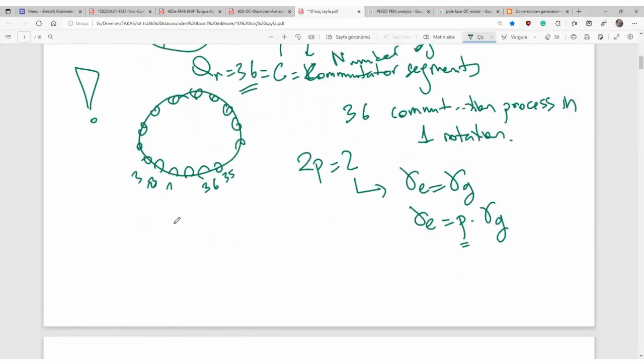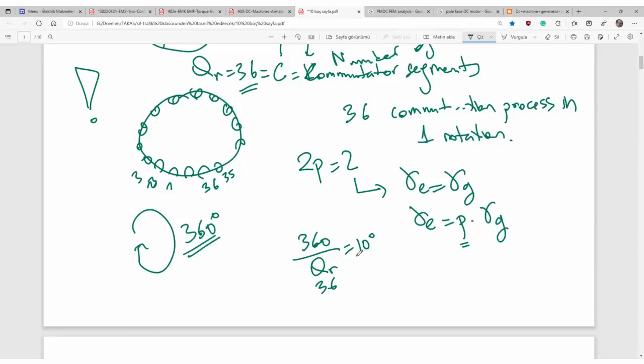One turn is 360 degrees geometrically and electrically. So there are 36 slots in the rotor, which makes 10 degrees. That is the electrical angle between adjacent slots.